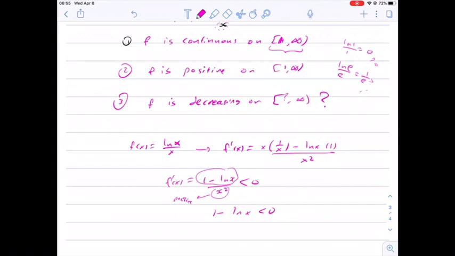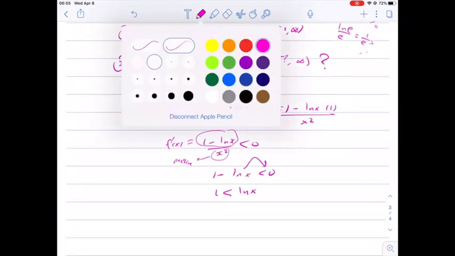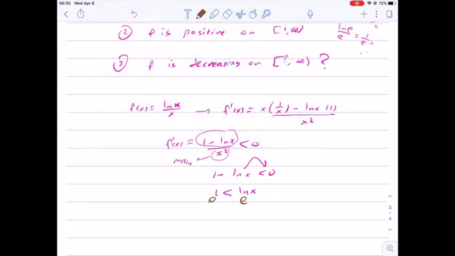So let's solve for x to determine the domain where the derivative is less than 0. Let's bring this to the right hand side. We get positive natural log x. Now take e of both sides. Now this becomes x and this is e.